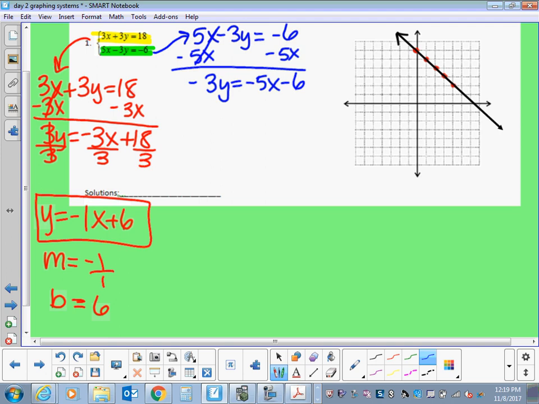We can't combine those because they're not like terms. Eric is telling us to divide each piece by negative 3. So we have y equals 5 over 3x plus 2.